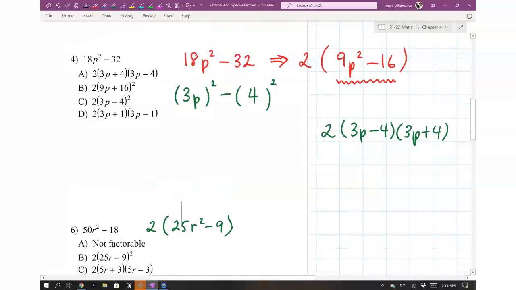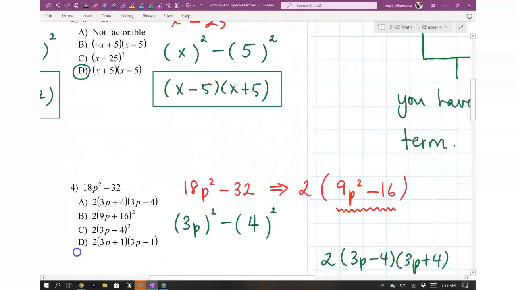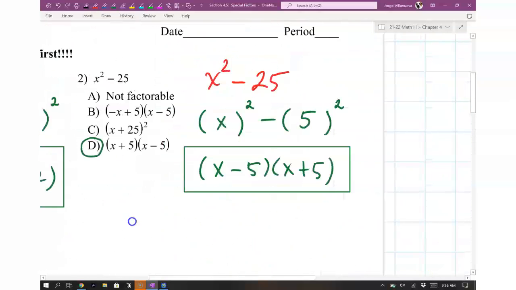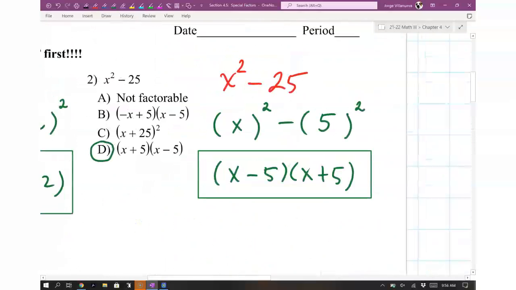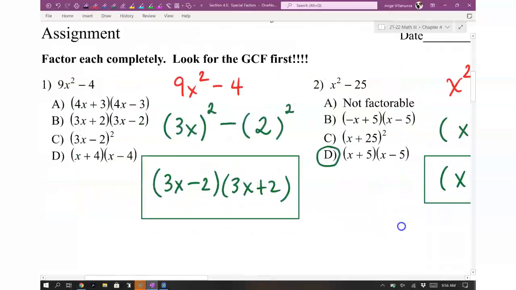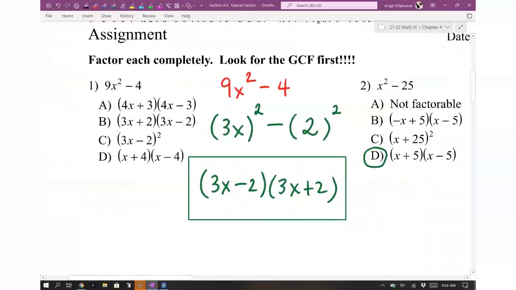This process that we did, notice the first problem we did, very quick, very simple, right? It was just break it down immediately and it worked. The second problem that we did, the only reason why people would consider it a little harder is because not only was there a variable, but there was a number in front of that variable. So you had to figure out, okay, a number and a variable that gets squared.